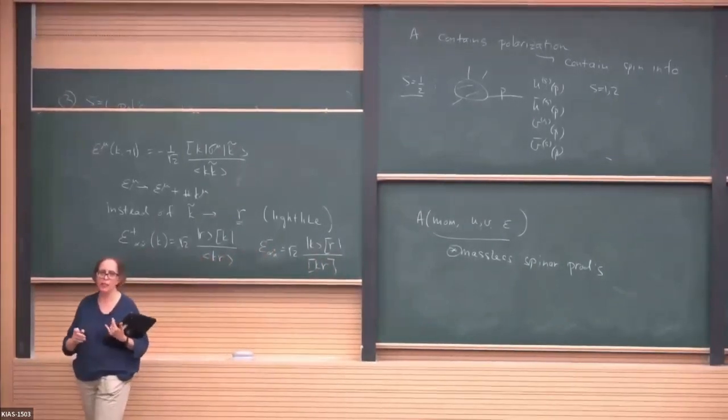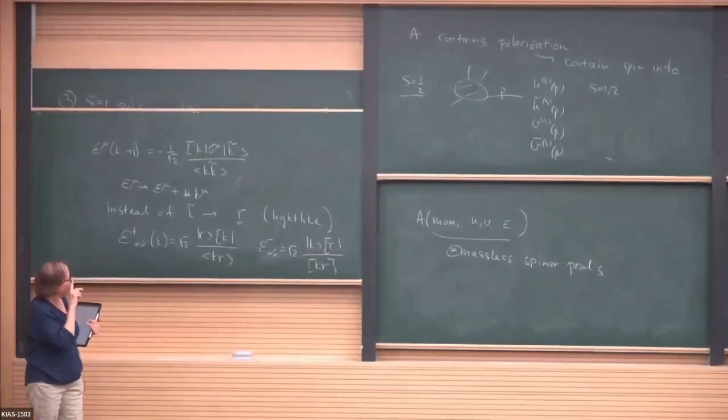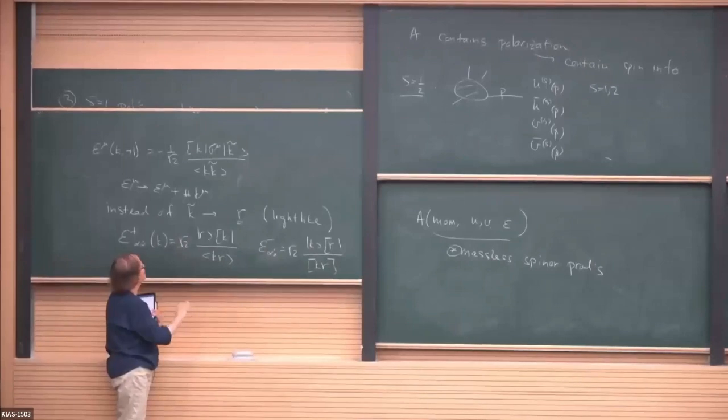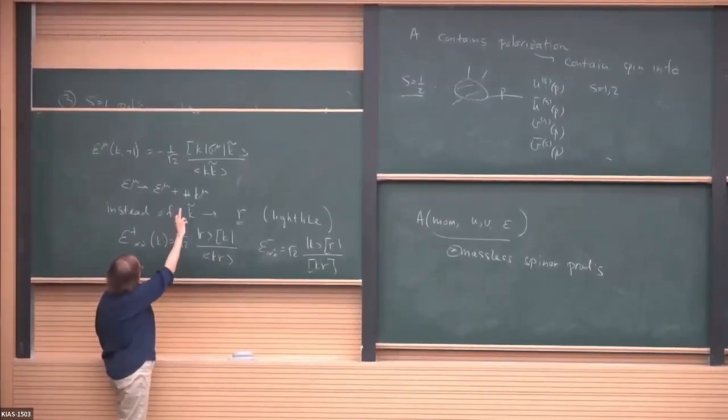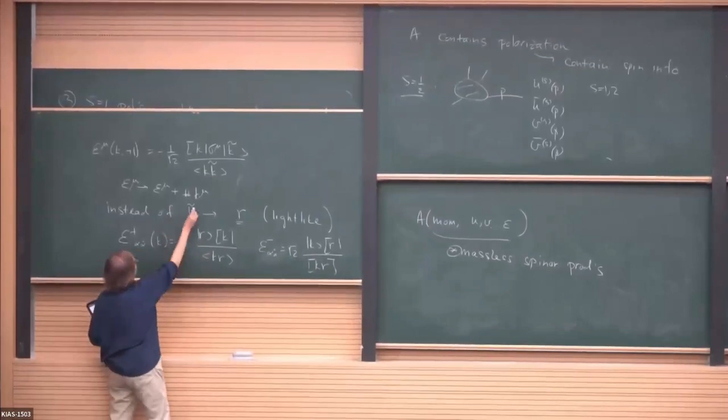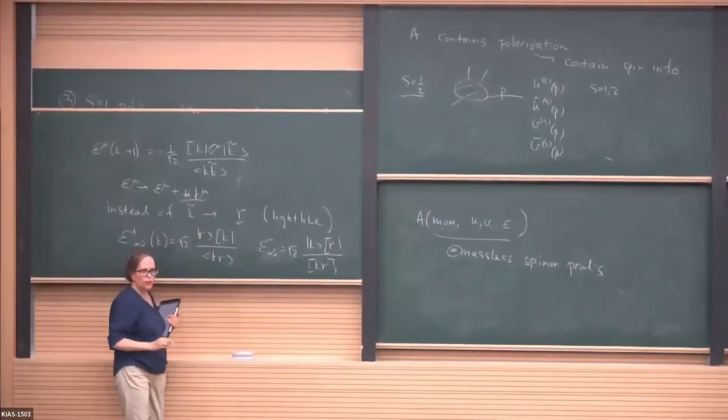And what you can check, and this is a good exercise, is that this is really correct. That is, if I go from the form that I have up there to having any arbitrary r here, it just corresponds to changing epsilon by something proportional to k mu.